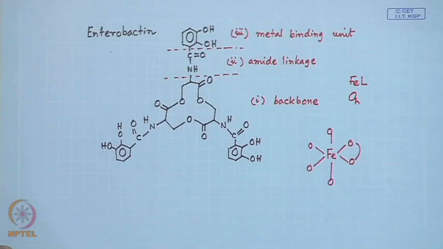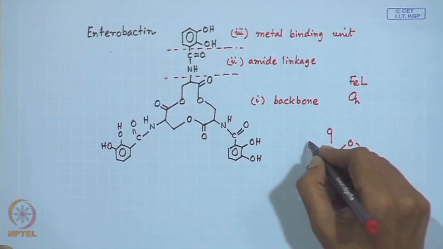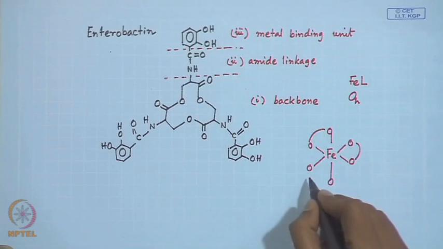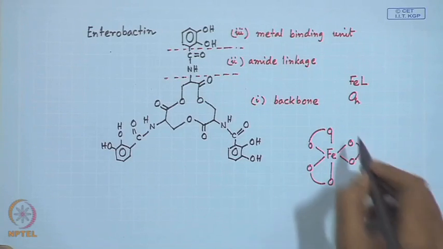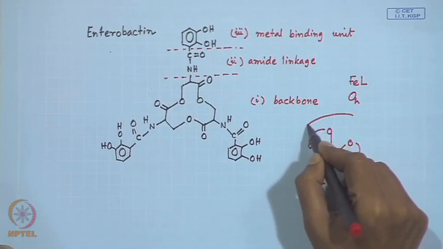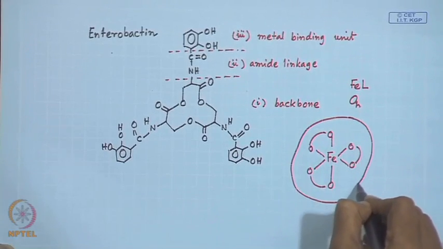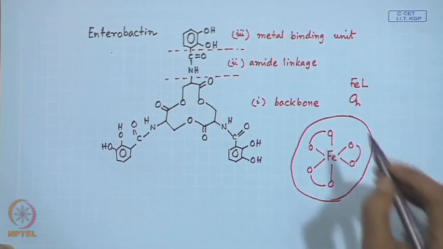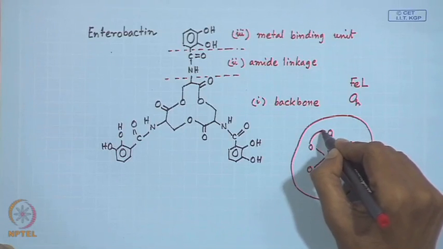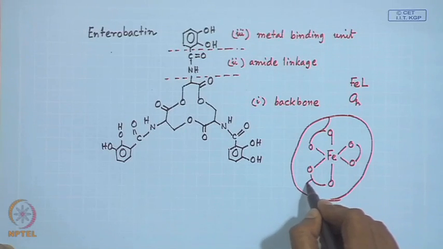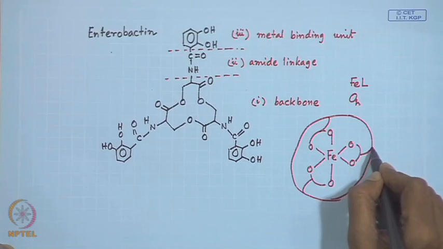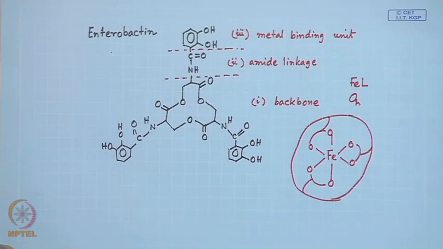This is one O part, this is another O part, and this is the third O part. If you consider the entire tricyclic, the cyclic triester part at the top is connected from the top, and you have three pendant groups. So basically it is anchoring, like a crane anchoring.